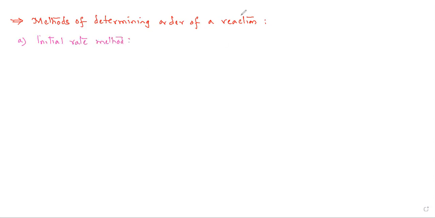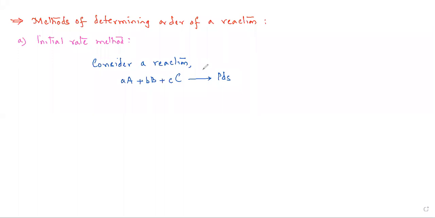First one is the initial rate method. Now consider a reaction aA plus bB plus cC gives rise to products.